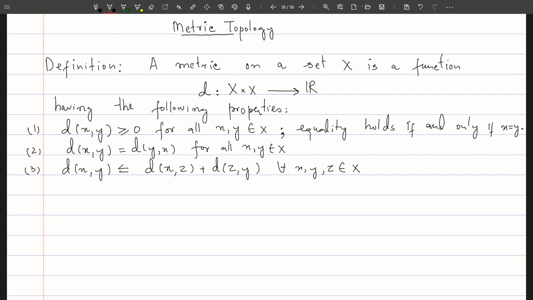And if we have 3 points, say x, y, z, then the distance xy is less than or equal to the distance from x to z plus from z to y. So in this case it is strictly less than. However, if z lies here, then the distance from x to y is the same as the distance from x to z plus z to y.